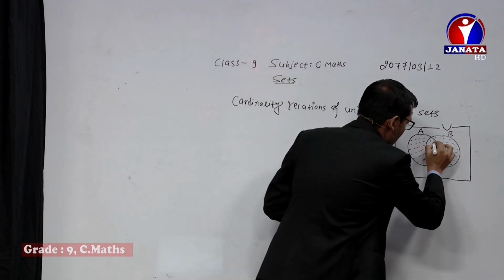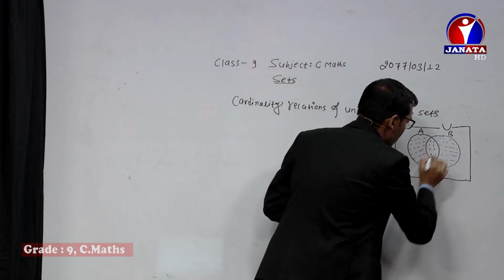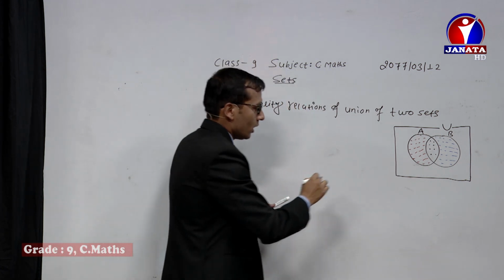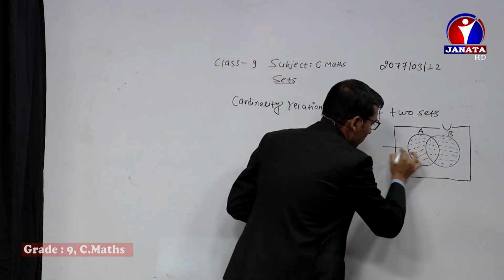So this is the common region, and we call it the intersection. What is the first region?